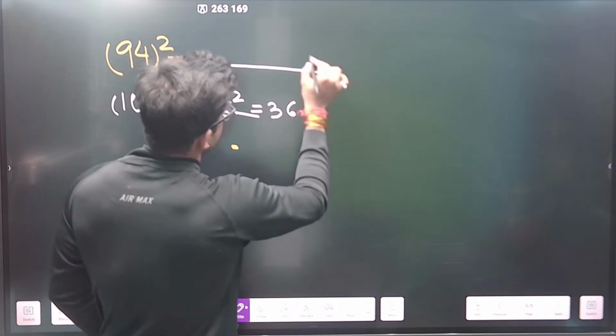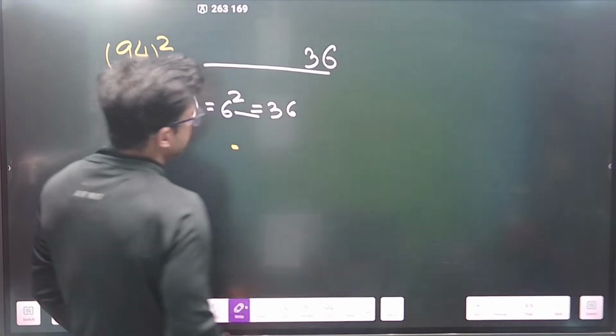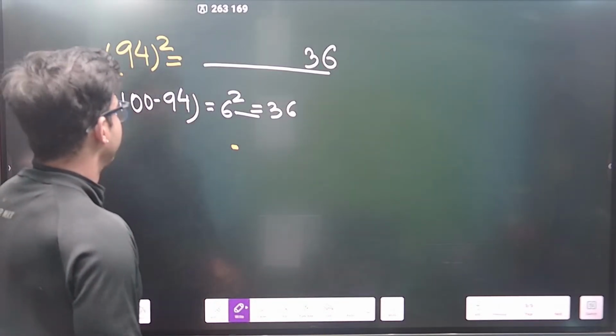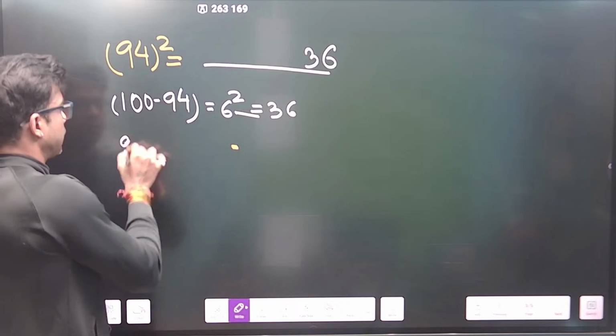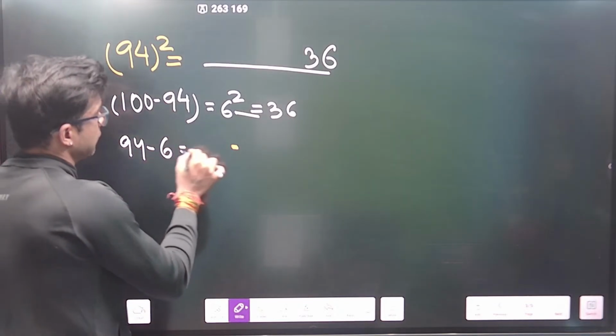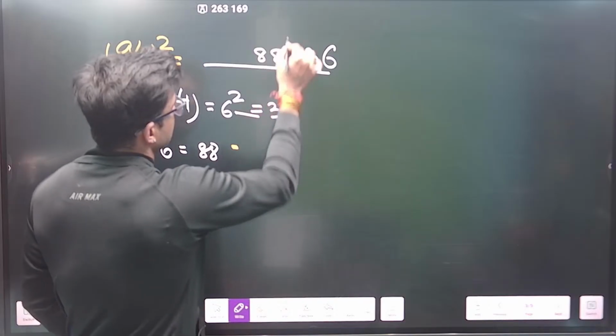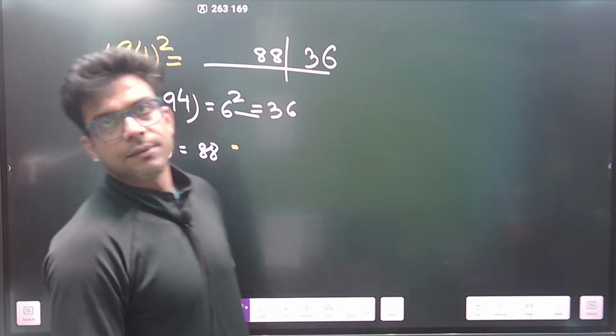Write down 36 over here. Understood? Again, 94 minus 6 is 88. Write down 88 over here. So 8836.